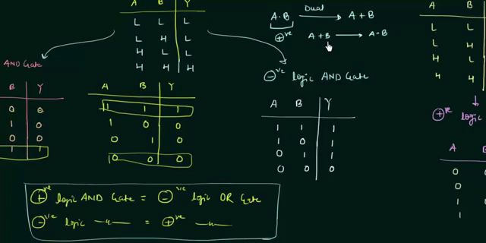In the same way, B is B, not B complement. So this is the only difference between the dual and complement form. We don't have to take the complement of the variables in this case, and I have already explained how positive logic AND gate is equal to negative logic OR gate, and vice versa.